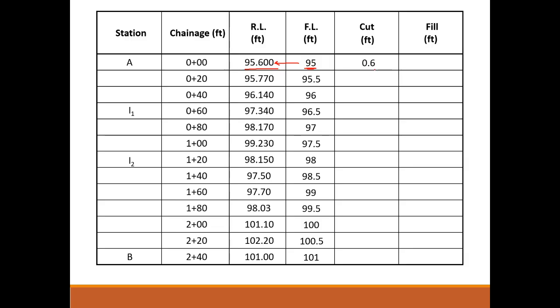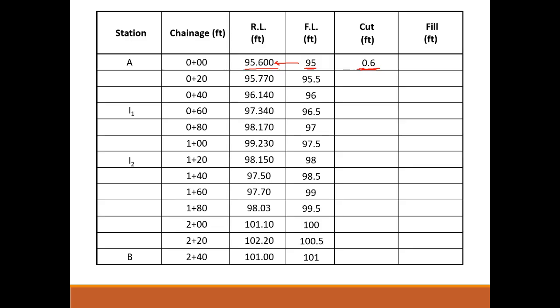So if you are getting the value with the minus sign, you will enter the value in cut column. It is similar to the rise and fall. As you calculated, all the positive values are entered in the rise column, and the values with the negative one are entered in the fall column.